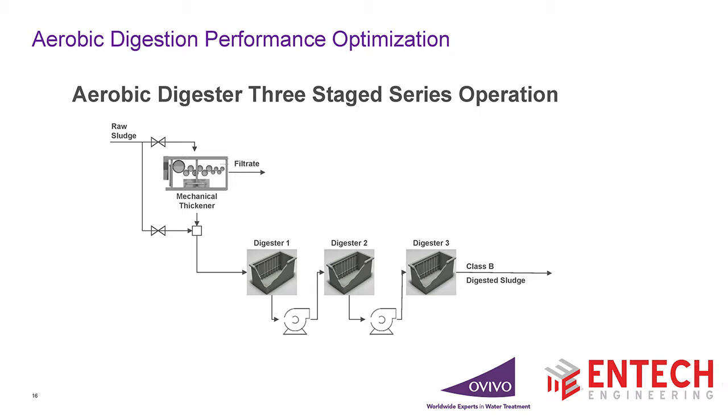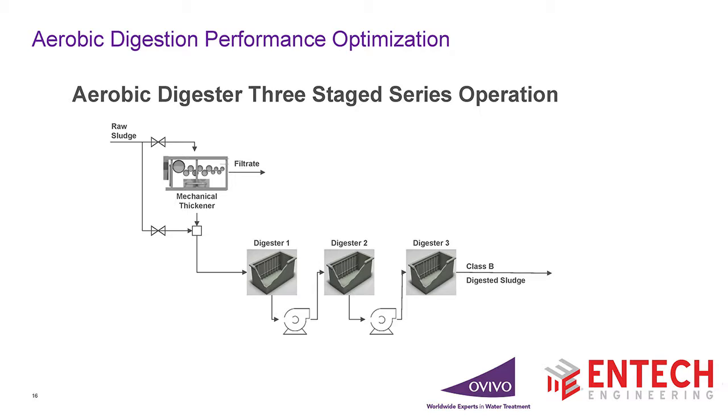When we talk about a stage system, what do we mean? What we mean are tanks in series. So if you have a couple of digesters, rather than operate them with the same feeding into both of them, you feed into one and then go into the other.